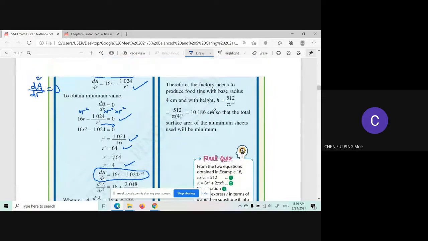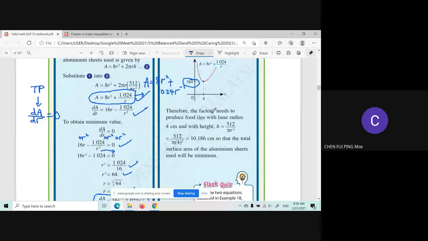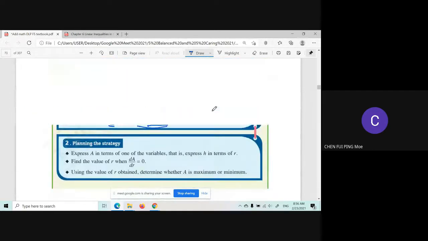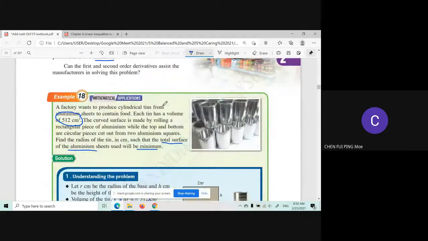Is that clear? So at this part, solving the problem, they will always give you a situation like this, and maybe they will give you one fixed value, sometimes not, so it depends on the question. What you need to do is build an equation. If they say volume minimum, then you build an equation for volume. If they say area minimum, then you build a formula for area, and make sure the formula that you build only has 2 unknowns.